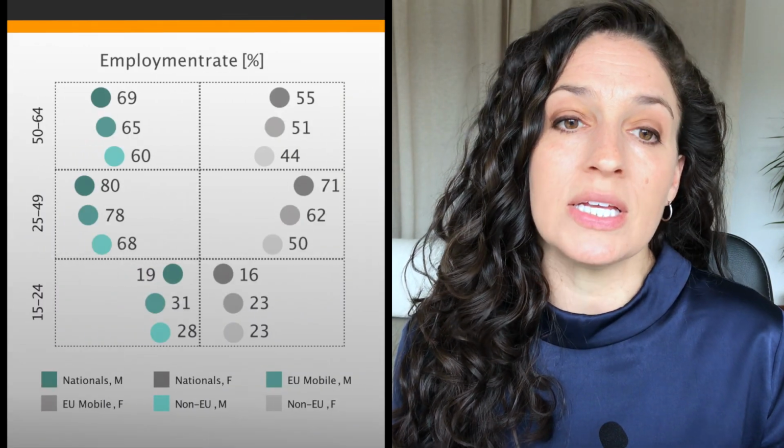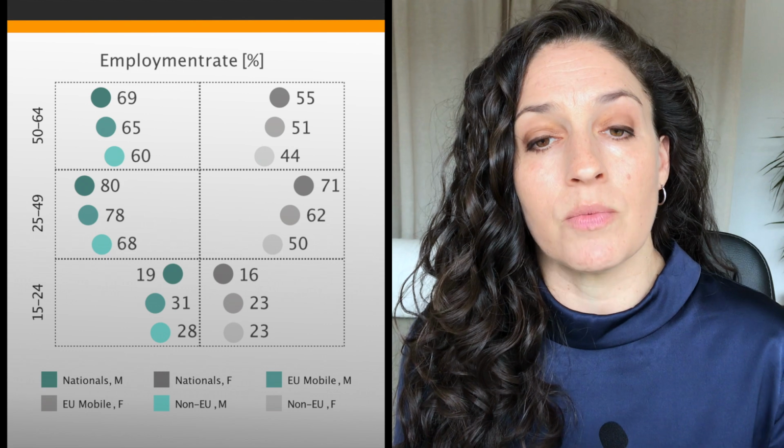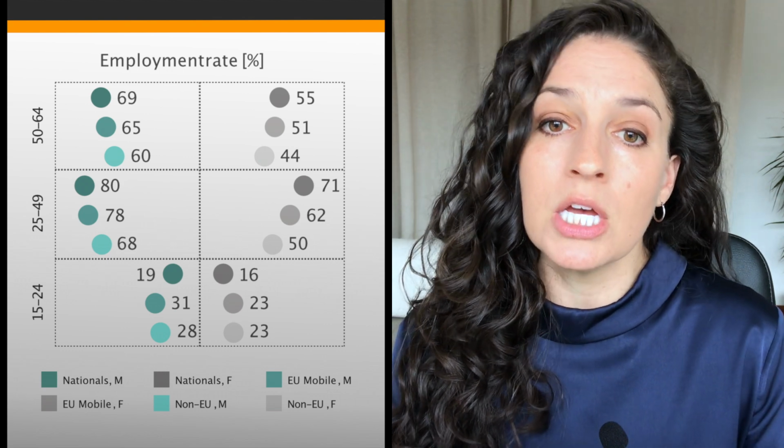Now let's look at some labor market outcomes. And the most typical outcomes that we look at here are unemployment, employment rates, long-term employment. We can also break this down by different levels of education. So what we can first see here is that we don't see really large differences with regard to employment rates between some groups.